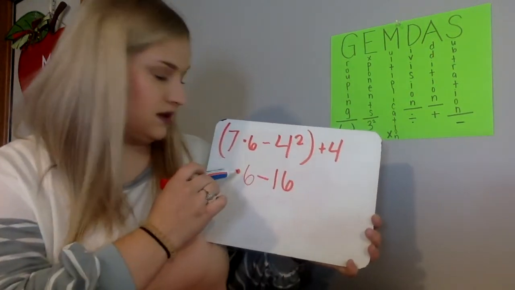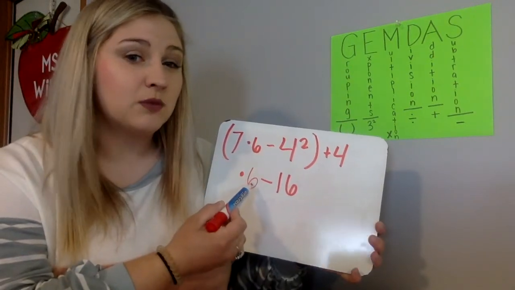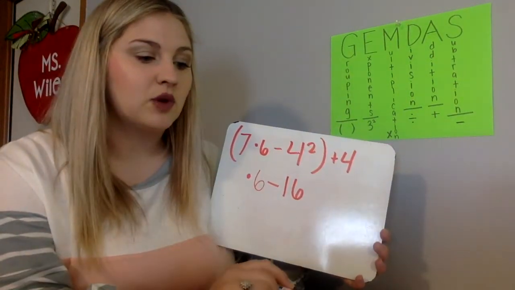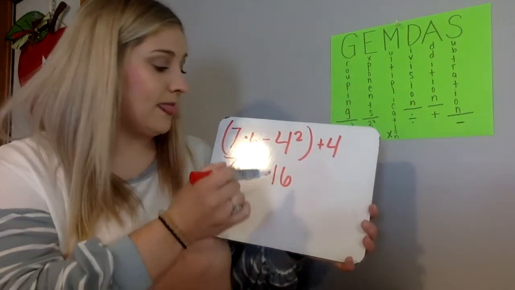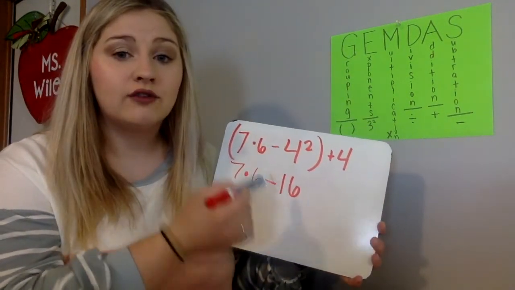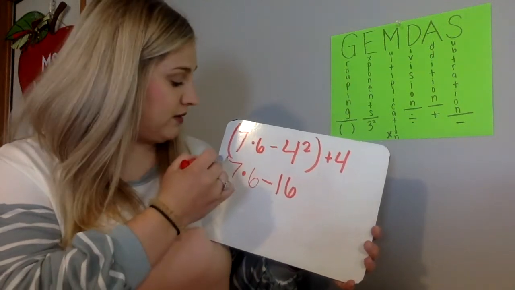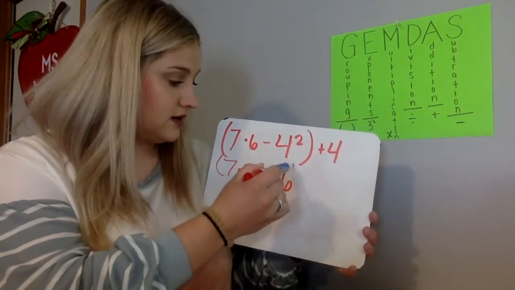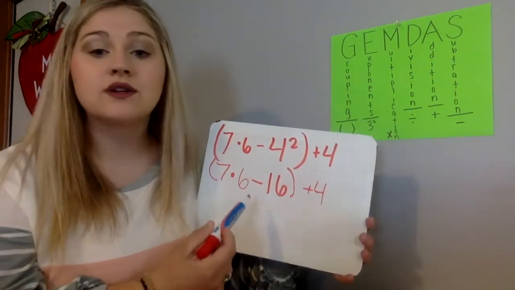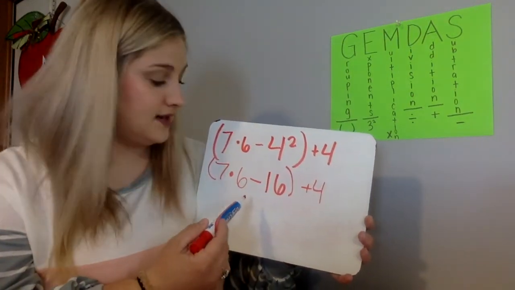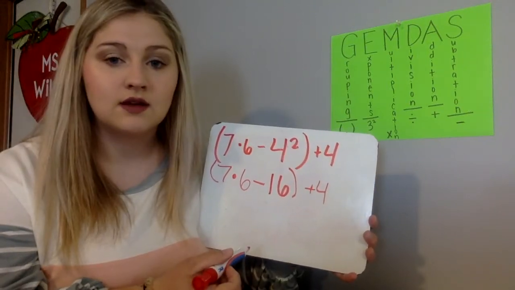And we know that this dot right here is a multiplication sign. So that's what a multiplication sign will look like on your papers. And we're not done solving for the parentheses, so we need to make sure that we put parentheses around this part. And then bring down our plus 4. So now we're still solving in the parentheses. Which part would come next?